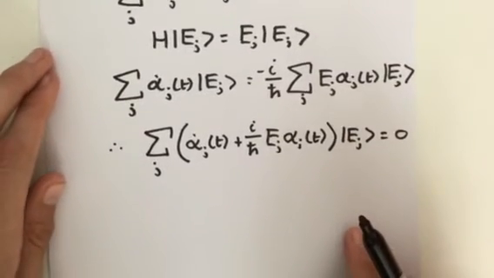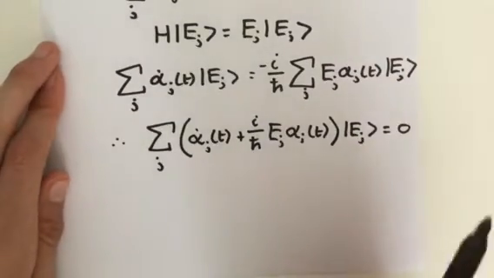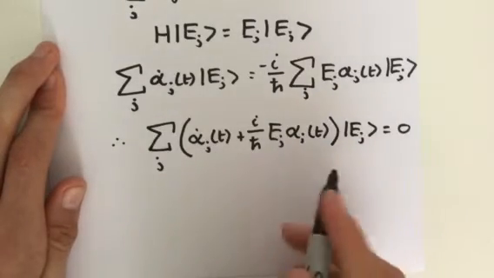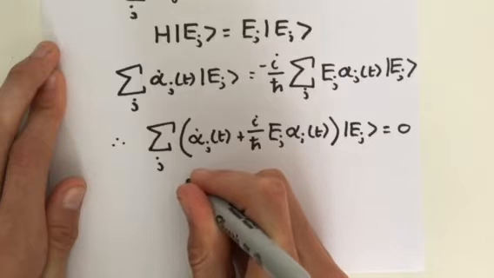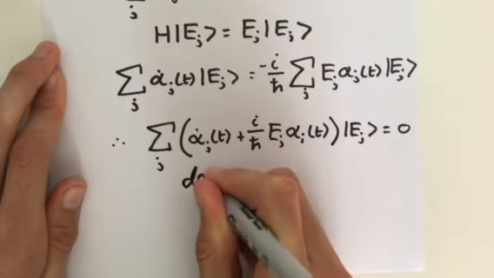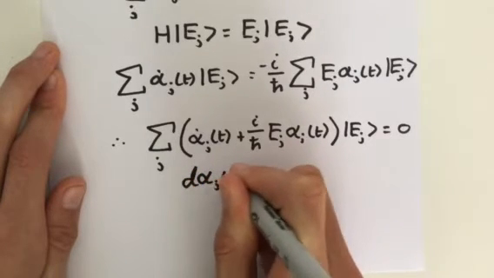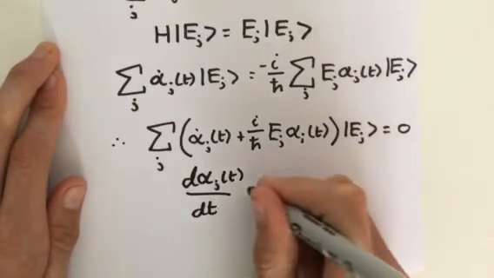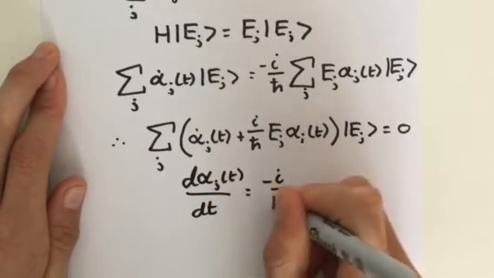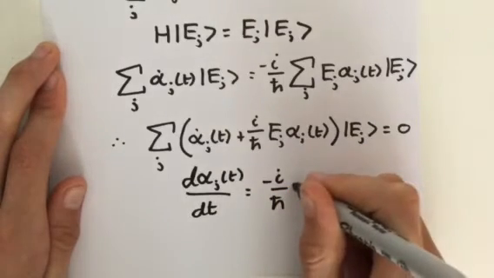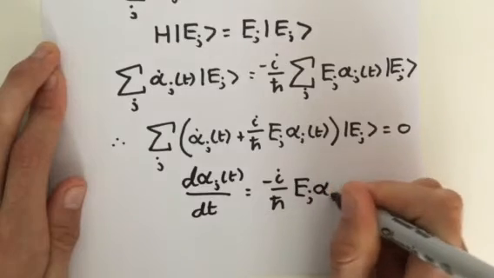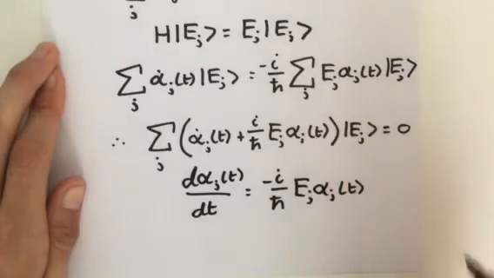Just using the term in the brackets, we have a differential equation: the rate of change of alpha j of t equals minus i over h bar times Ej times alpha j of t.